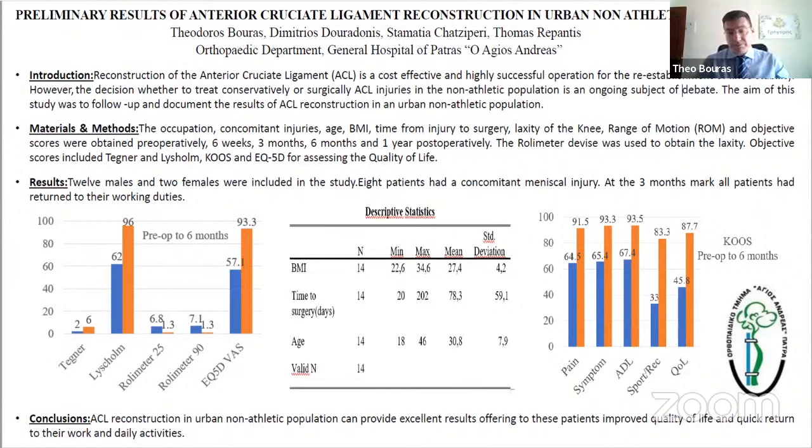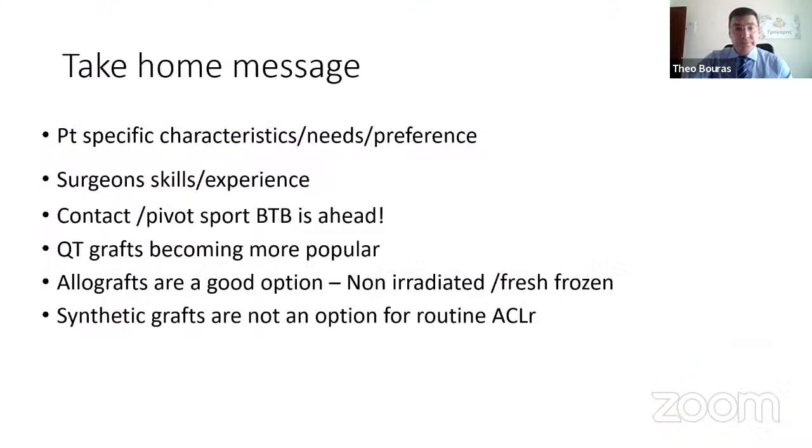I'm not going to tire you with the numbers. For us, the most important thing is that all of the patients at 3 months' time had fully returned to their working duties. We now have a good number of athletes as well, and we hope in the future to be able to publish both series and compare them.